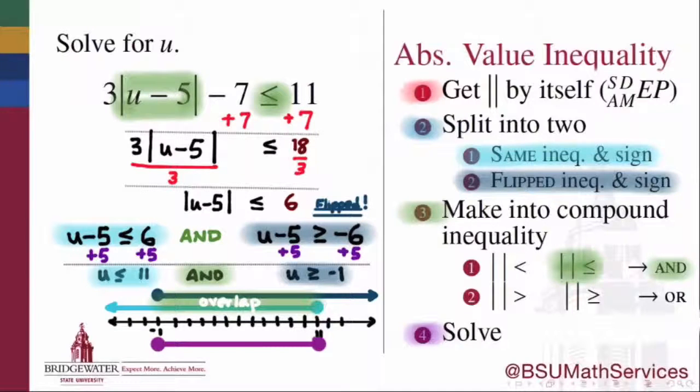And because both -1 and 11 in our original set have closed circles on them, indicating that -1 and 11 are included in this set, our overlap will also include those two numbers. And now we have a sketch on the number line of our final answer. All that remains is to turn that sketch into interval notation by observing that the left-hand endpoint, -1, and the right-hand endpoint, 11, are going to bound our solution.